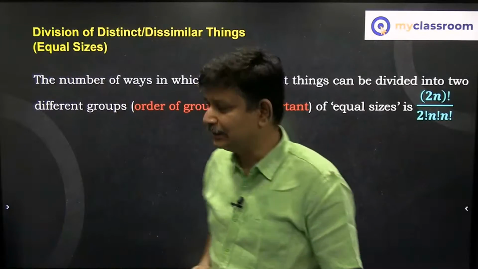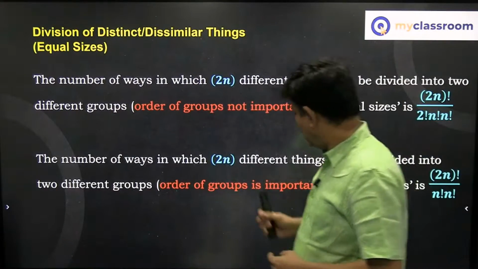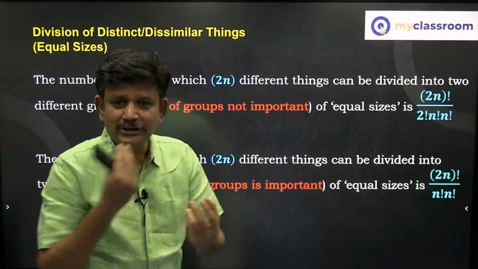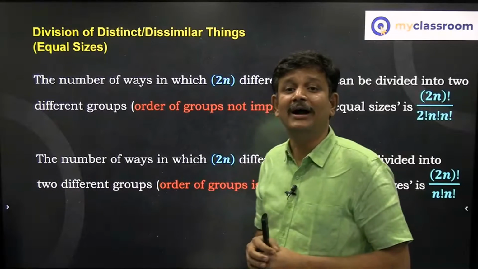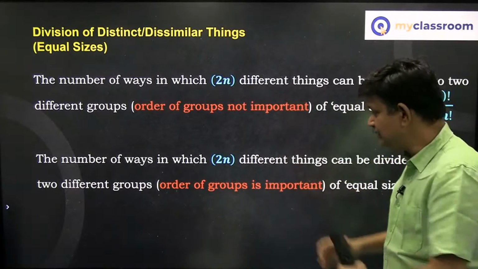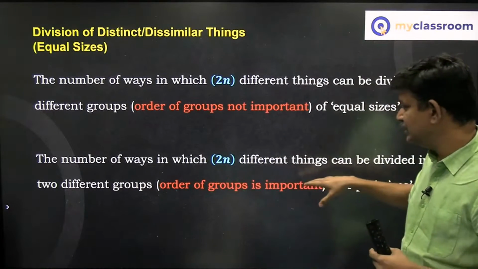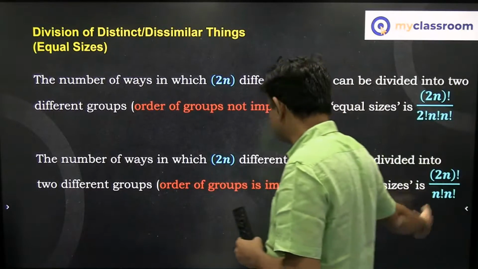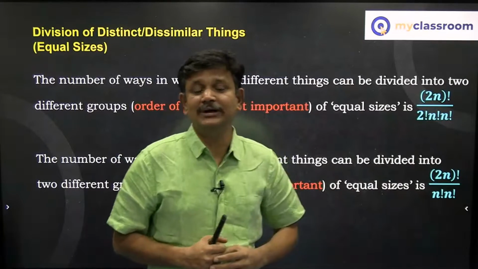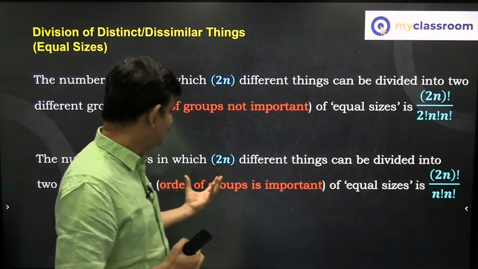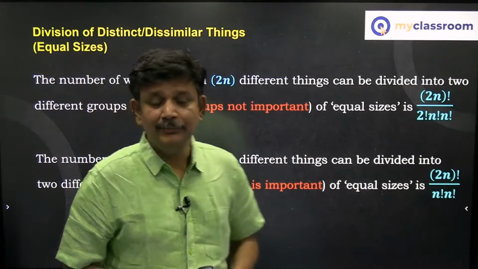And if the order of the groups is important, that means the boxes are distinct, or you are dividing among persons, of course the 2 factorial will not be there in the denominator. This will be classified as a parcel. Wherever the groups are different, we call them parcels.